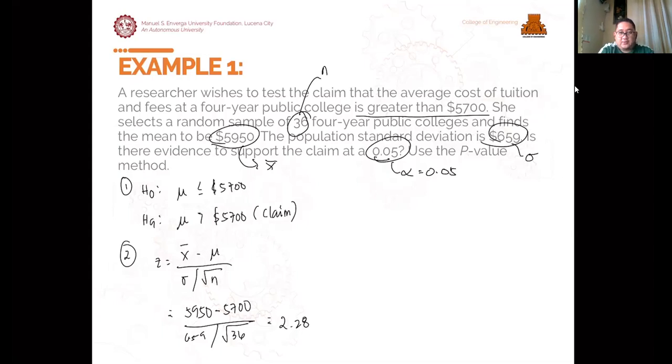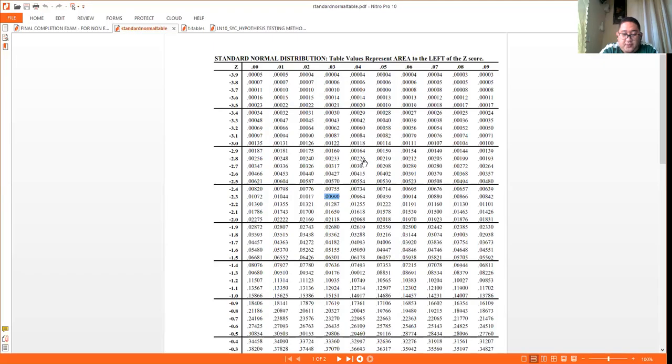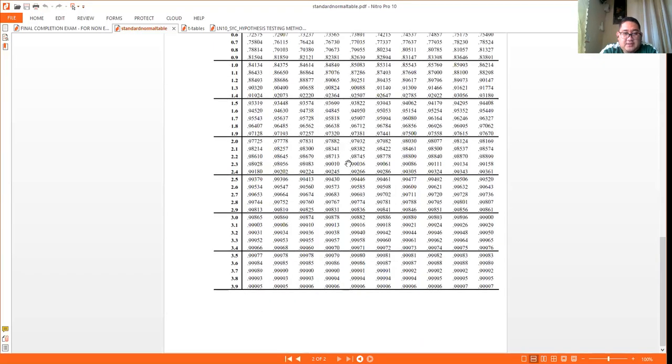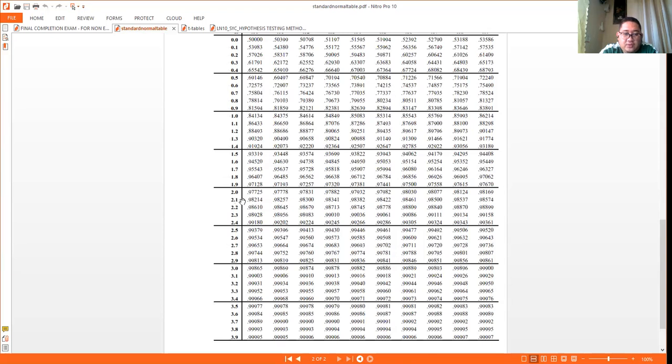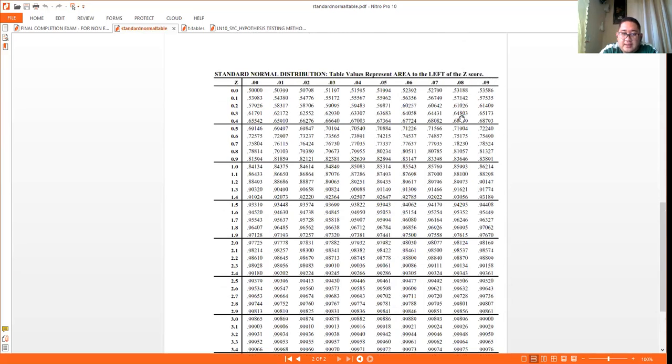Ngayon, tingnan natin sa z-table ang 2.28. Okay, 2.28 positive. So, we just go here. Then 2.2, then 8 is dito. Okay, 2.28 is 0.98870.